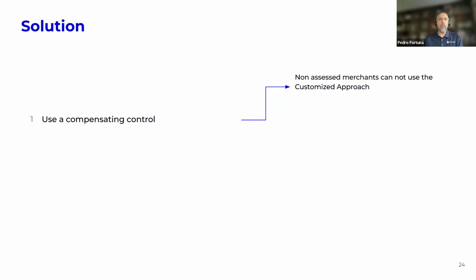Since we couldn't expect merchants or PSPs to maintain script inventories or to authorize scripts and justify their inclusion in pages, the solution needed to follow a customized approach, or in our case, we decided to use the compensating control, because not every merchant is assessed, or they cannot use the customized approach.